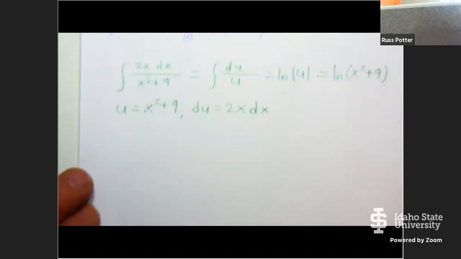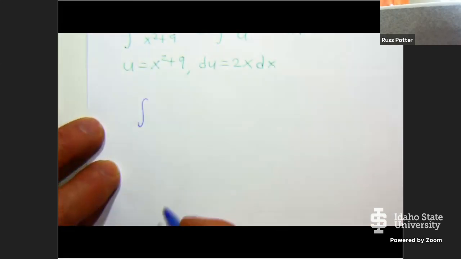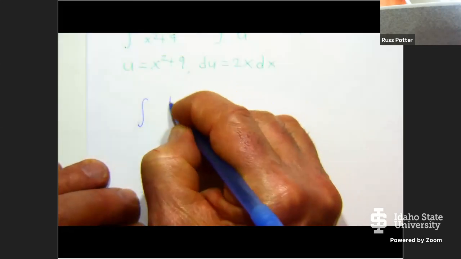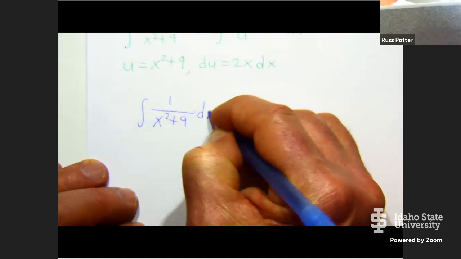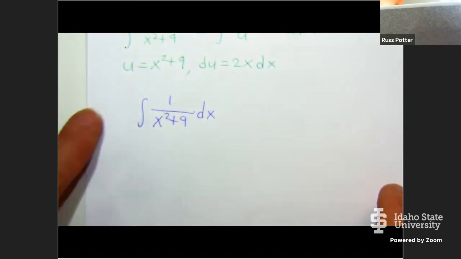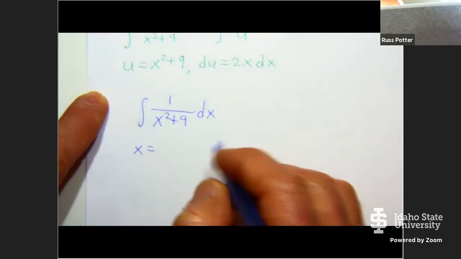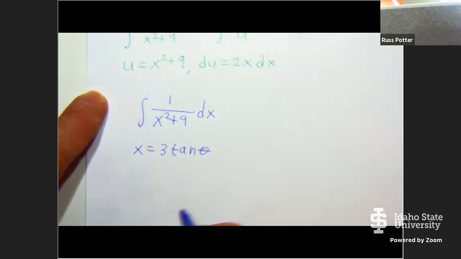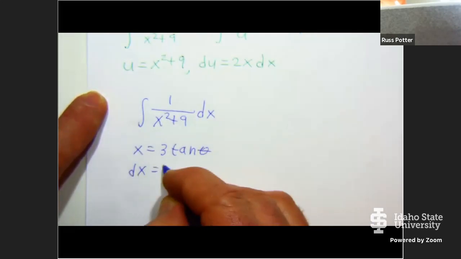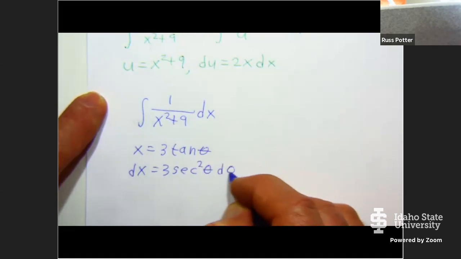Okay, so down here, let's start over with the indefinite integral of 1 over x squared plus 9 dx. So we pick x to be 3 times tangent of theta, and dx is 3 times secant of theta squared d theta.